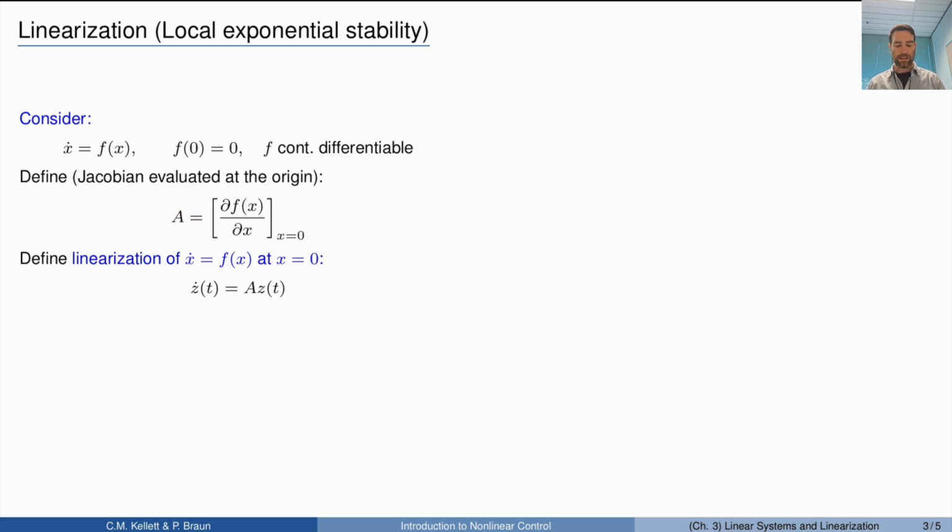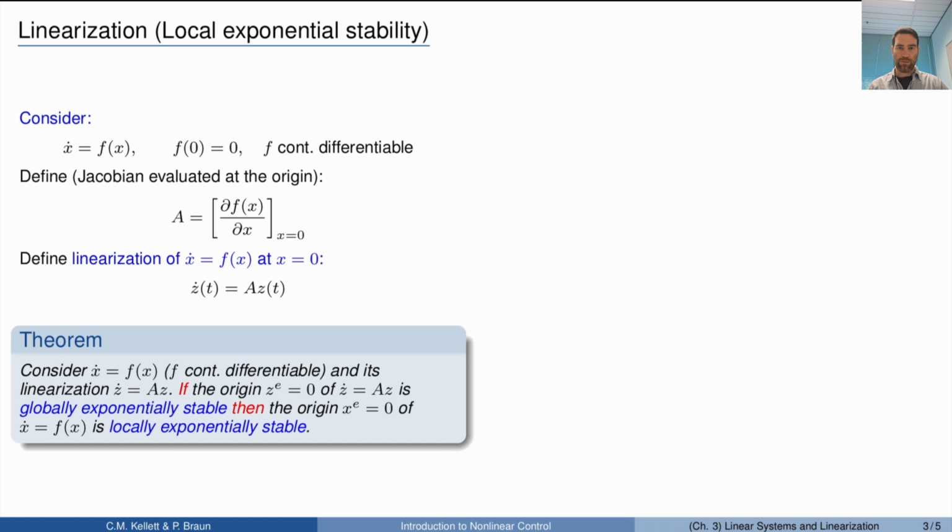And then we can define the linearization of our nonlinear dynamical system at the point x equal to 0 through this linear system here. To differentiate between the nonlinear and linear system, we use a different variable. Instead of x, we use z, but now we end up with a linear system z dot is equal to A times z as an approximation of the nonlinear system.